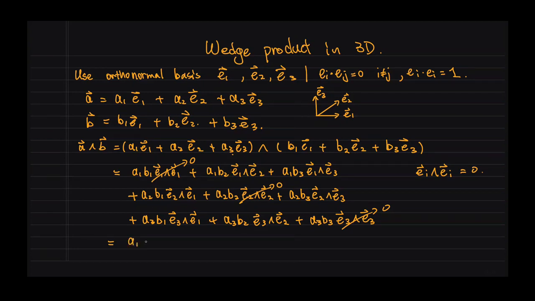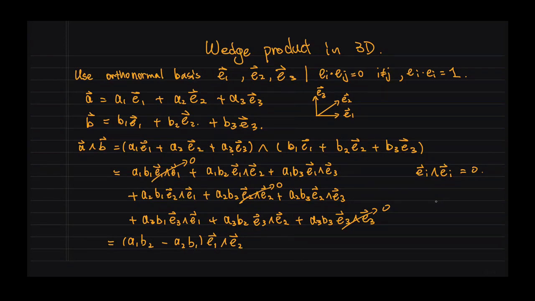So we can write A1 B2 minus A2 B1, and we use E1 wedge E2.